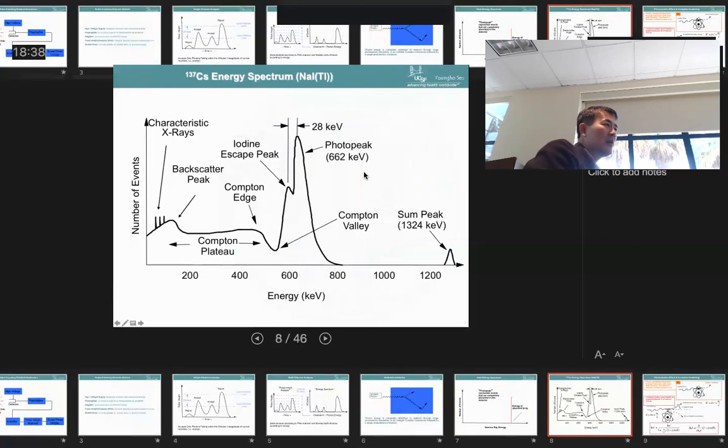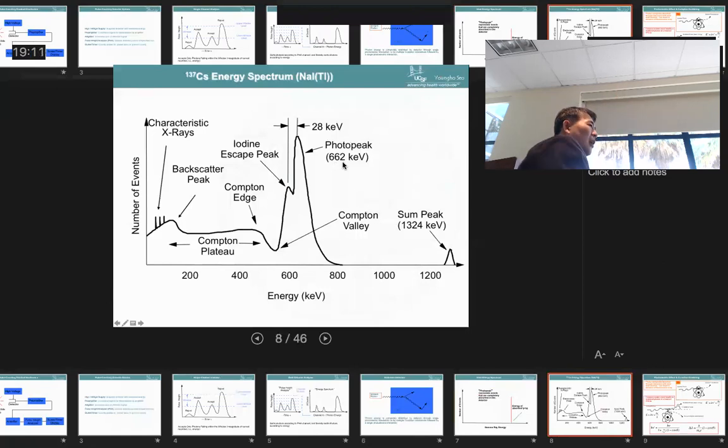Let's look at a more practical energy spectrum. This is a very practical and very popular energy spectrum people show. This is the energy spectrum of cesium-137, measured by a sodium iodide, thallium-doped type of radiation detector. Cesium-137 emits gamma rays at a single energy level, which is in the 662 keV range.